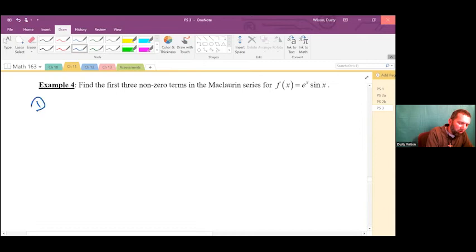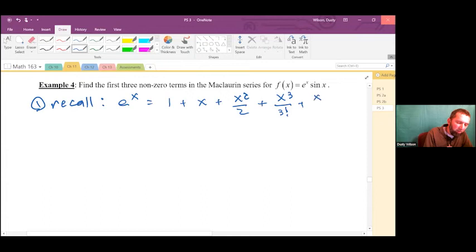So first, we're going to remember that e to the x is equal to 1 plus x plus x squared over 2 plus x cubed over 3 factorial plus x to the 4th over 4 factorial, et cetera.